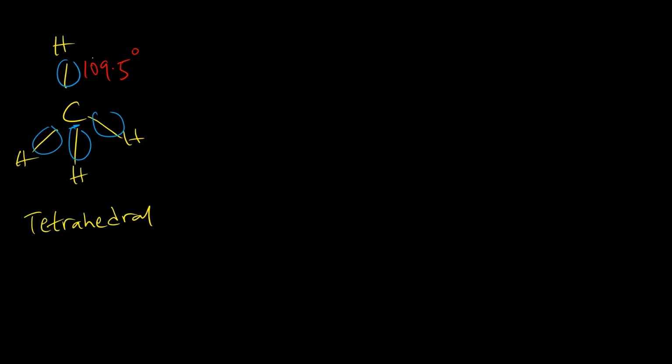Now let's look at trigonal pyramidal. In trigonal pyramidal, we have, for example, ammonia. Ammonia also has 4 things attached to it. It has 3 hydrogens, right? And 1 lone pair. So basically it has 4 things attached to it as well. Now, remember we said that the presence of a lone pair of electrons reduces the bond angle by approximately 2.5 degree. Now look at how that will affect the bond angle of this trigonal pyramidal.